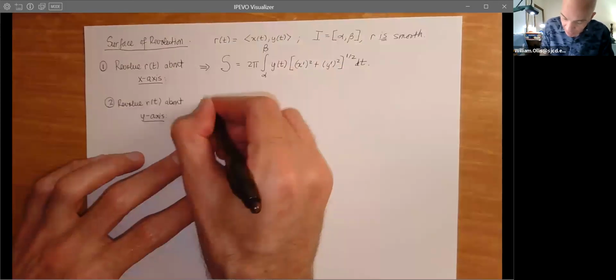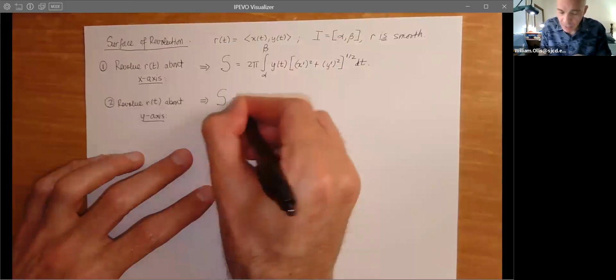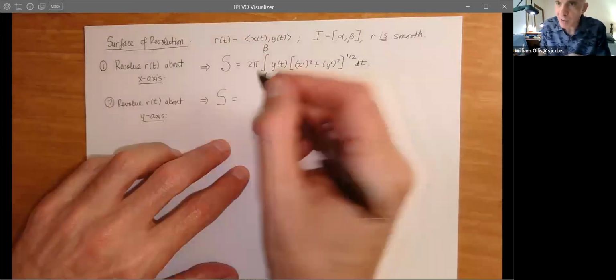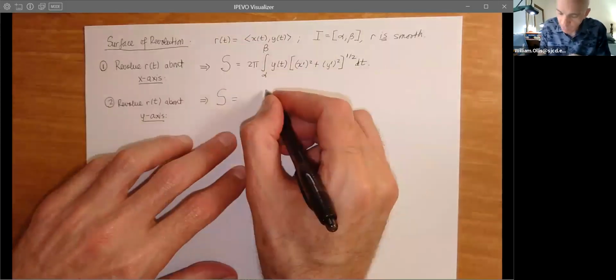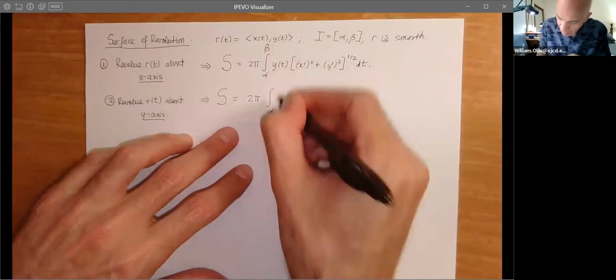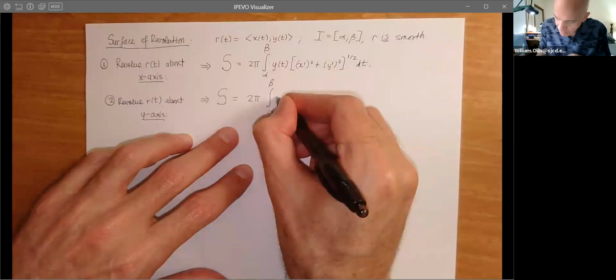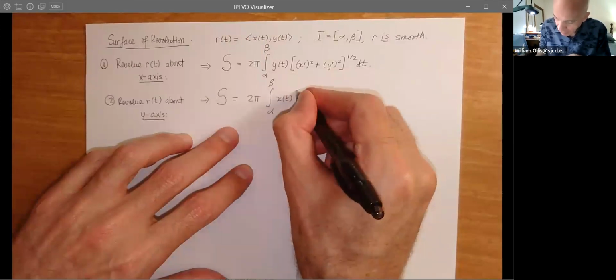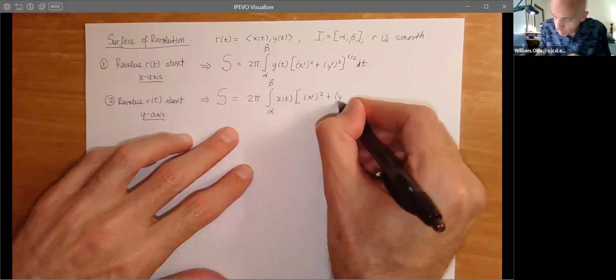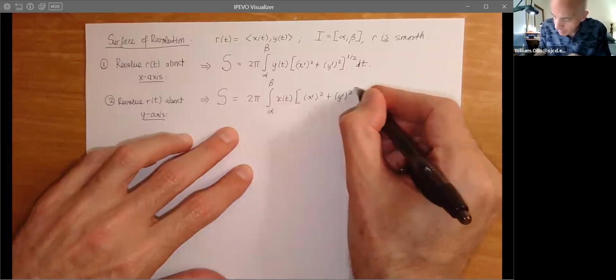So this will give us S. Now the distance to the y-axis will just be the x-coordinate. And we've done this many times before with the center of mass, our friend center of mass. Those were fun calculations. X of t, x prime squared plus y prime squared, 1/2 dt.